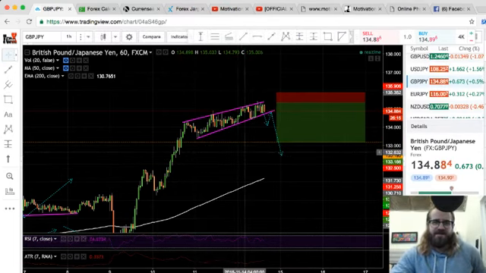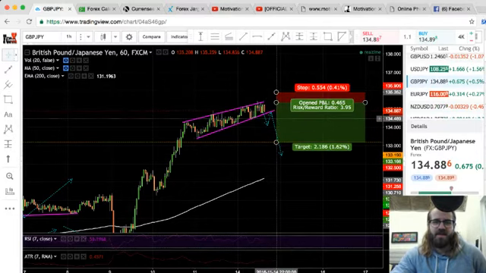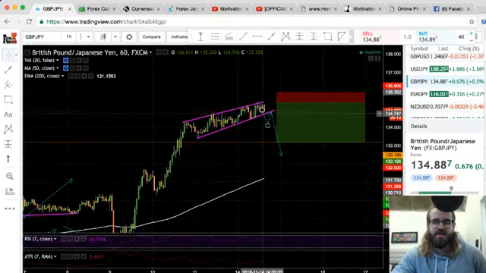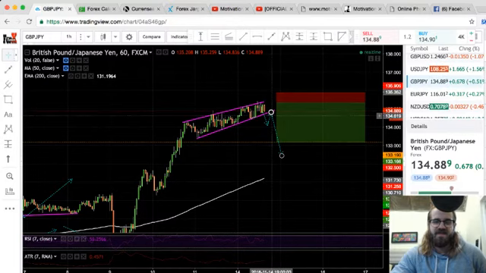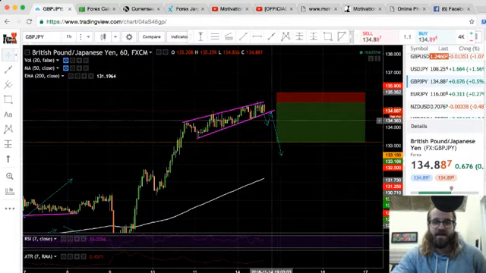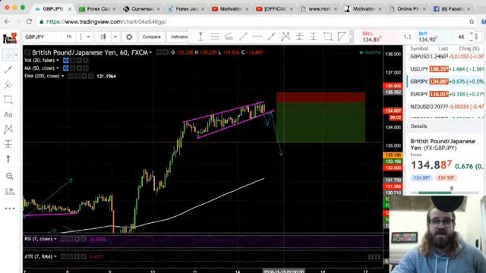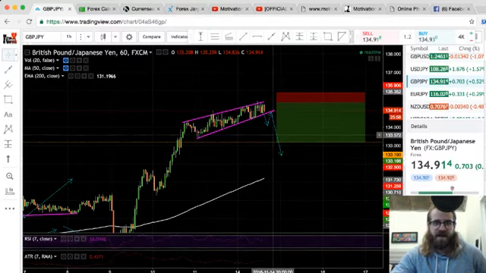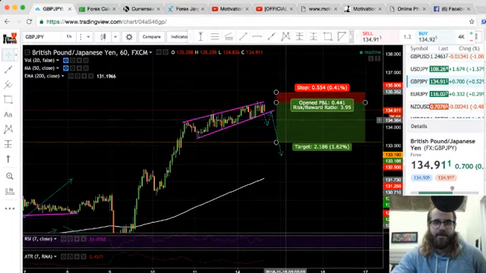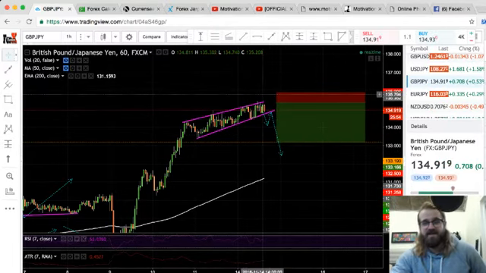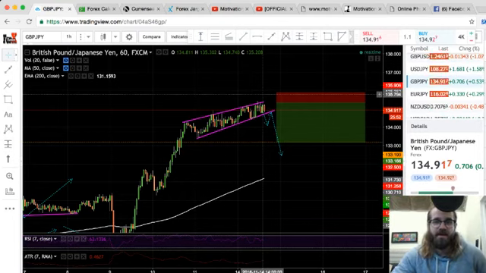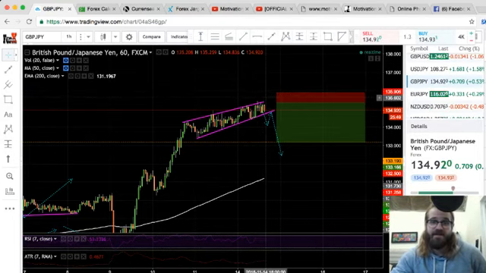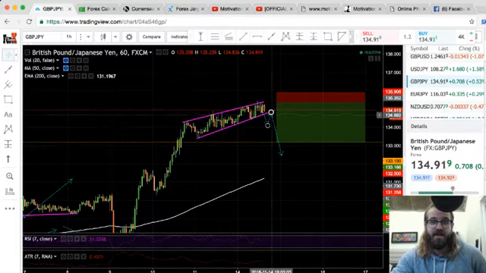I knew that if I was gonna wait for the break here and the pullback, I probably wasn't gonna get the risk reward I needed. The ATR on the pound yen is quite high, so about 44 pips. So this way I can maintain a nice risk to reward, and hopefully we're gonna break to the downside here and continue a little lower.